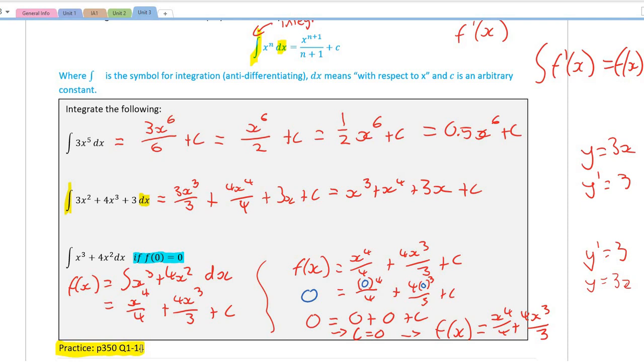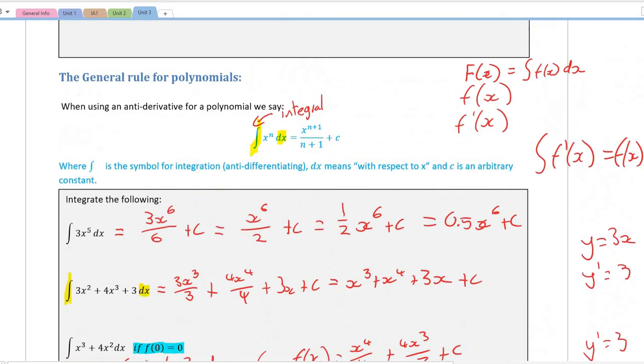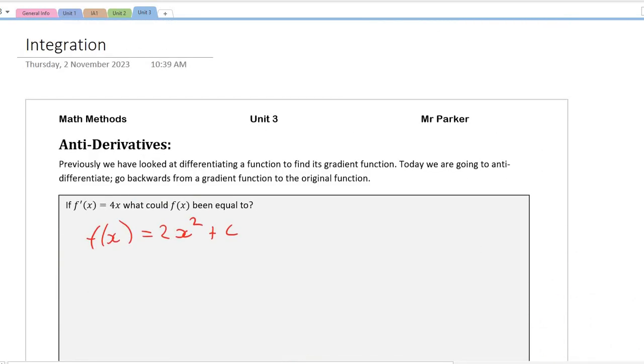2x squared plus c. Because remember, you've got to divide through by the power plus 1. So you've got to divide through by 2, which would be 2x squared. So another way to think about that one, Cody.